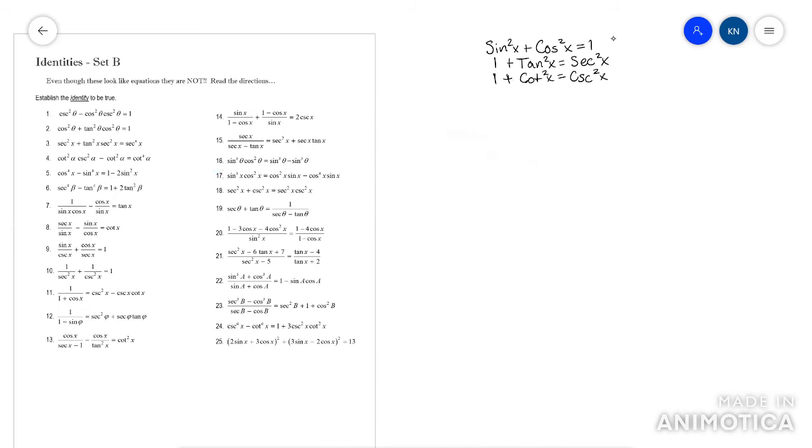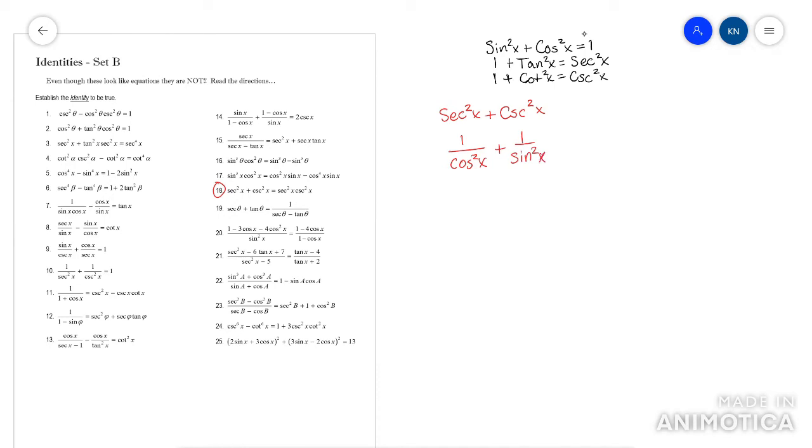Okay, number 18. We've got secant squared plus cosecant squared. All right, so I'd probably approach this one by changing these to cosine and sine. So first one is 1 over cosine squared. Second one's 1 over sine squared.